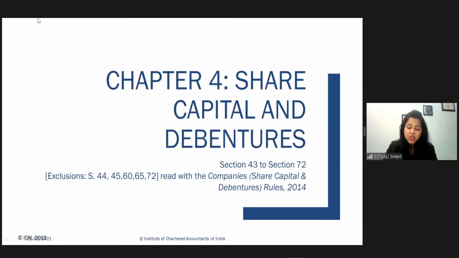What you can do for punishments, you can list down all the offenses in a table and then mention the punishment parallelly for officer in default in company. So these things are something that you can start building upon, so that when the time comes for examination, you are ready to revise from your notes. You don't have to read out the study material. So study material is for basics when you start, when you have to do it in detail. Once you are done with the basics, you have prepared your notes, your notes are good to go.